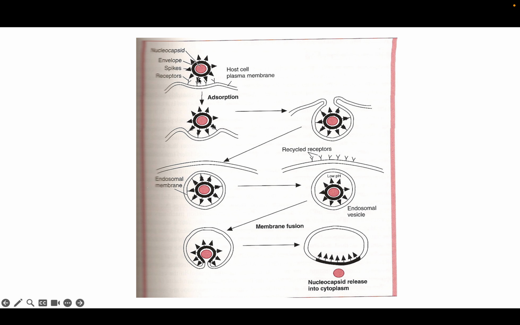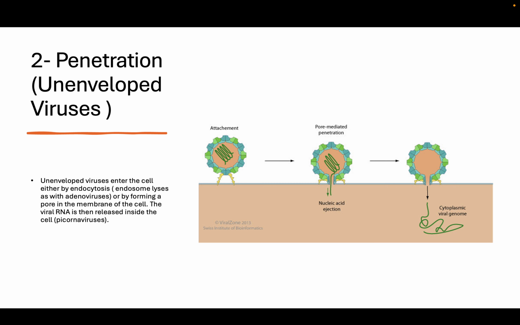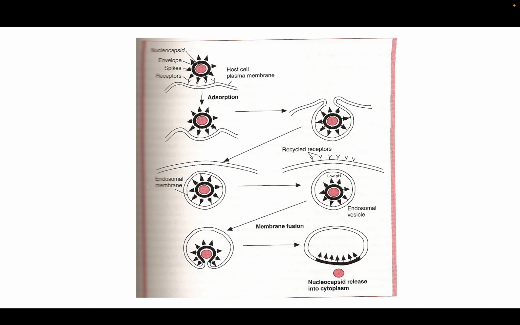It's going to bind specifically to these viruses, and that's going to cause some sort of signaling cascade in the cell that's going to invaginate the cell membrane to pick it up into an endosome. So that's how they're able to penetrate. The majority of them, as we said, do this, some can do syncytia, and the others can cause this penetration by pore formation.